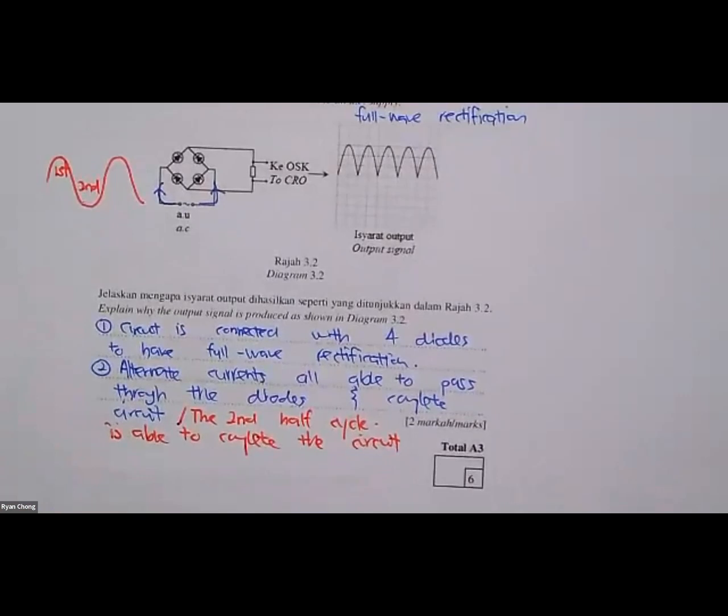Right? So that will be the other way of how you explain. So when they give you 2 marks means 2 things. So how you score the 2 marks? Usually you can see from the diagram they got 1 mark, and then the diagram, the structure, the arrangement give you the second marks, right? So that is the way how we get that.